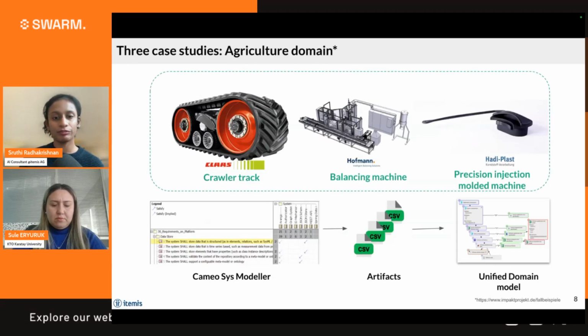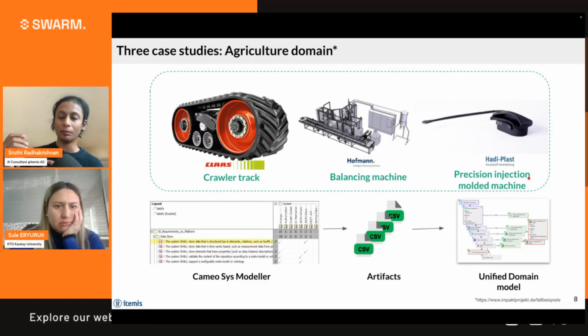And as I mentioned before, we are involved in several government funded research projects. One such research project that we were involved in is called Impact. Impact deals with agricultural manufacturers who had certain use cases. You can see a crawler truck, which is the bottom part of a bigger agricultural truck or similar, we had balancing machines and a precision injection molded machine.